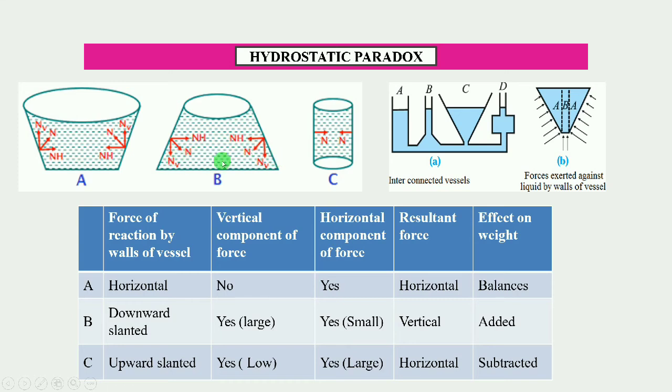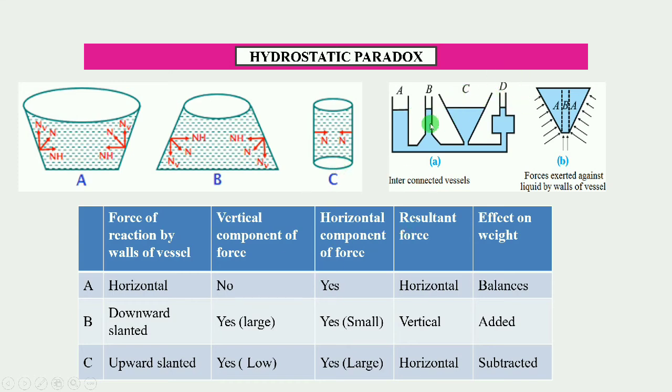Vertical components are added to the weight of the liquid because they are in the downward direction now, so they will increase the weight just like vessel A, and the pressure acting on the base of vessel B will be the same as that of vessel A. Similarly for vertical walls, the normal reactions get cancelled by one another, so the total weight acting will give the pressure acting on the base of vessel C.